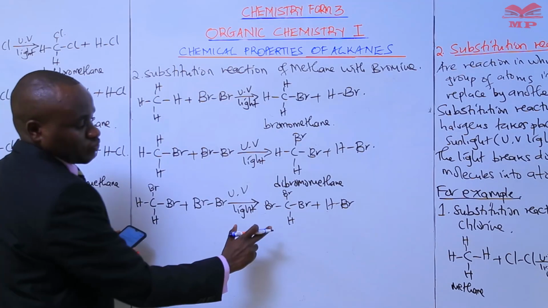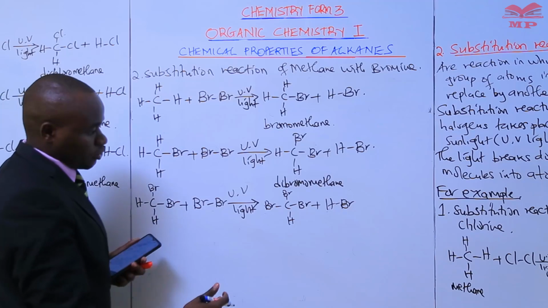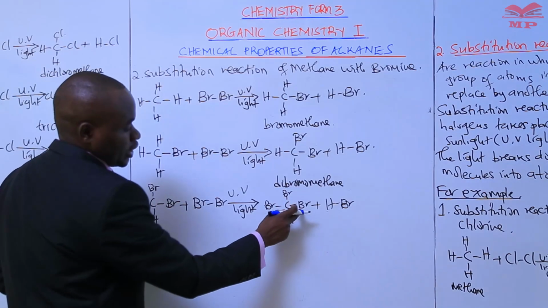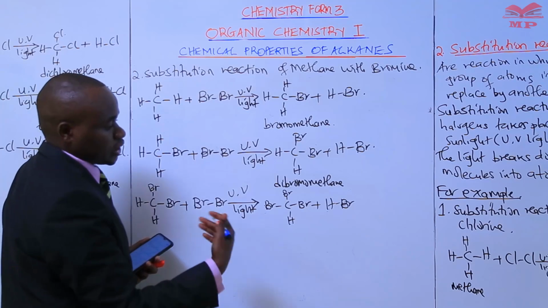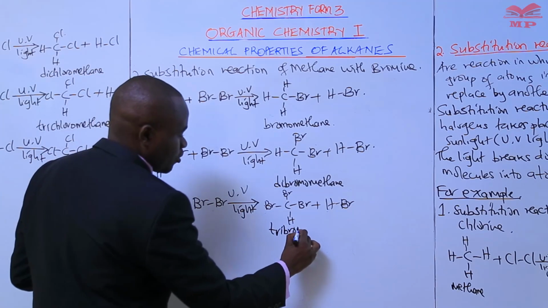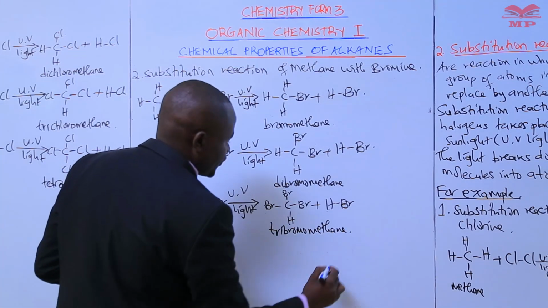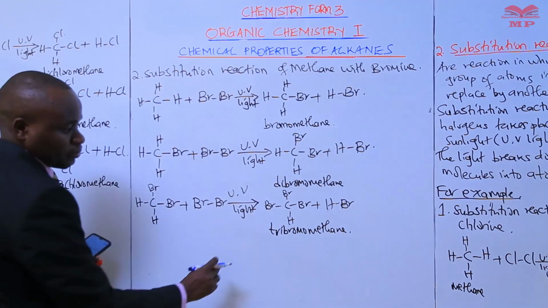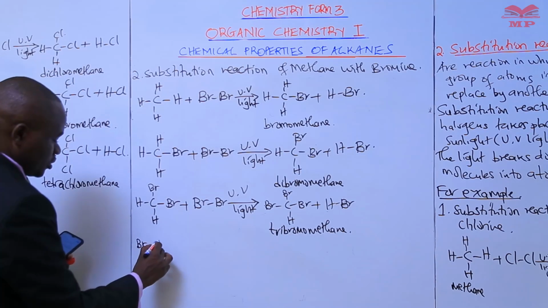The name of this compound that has 3 bromine atoms which are identical: from the fact that there are 3, we introduce the prefix tri. So this will be called tribromomethane.